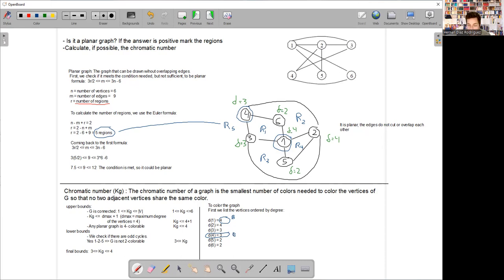Once we have done this, we go for the next one, which is 2, and we color 2 in red. So we color the vertex 2 in red, and the ones that are not adjacent, which is only 6.